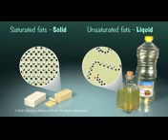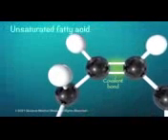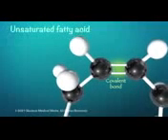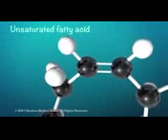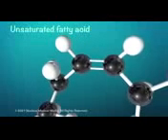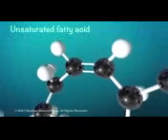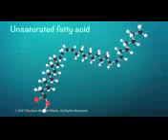So, why are unsaturated fats liquid at room temperature? Well, unsaturated fatty acids have one or more double covalent bonds between carbon atoms. This means the unsaturated fatty acid has gaps in the hydrogen saturation. The carbon double bonds form kinks in the fatty acid, which prevent the molecules from packing together tightly.